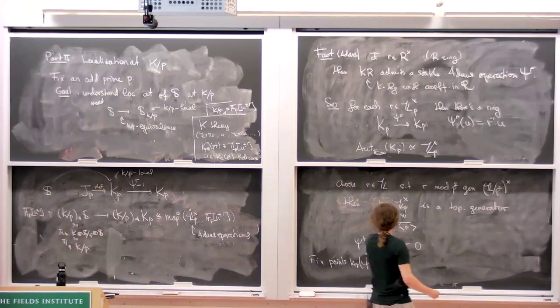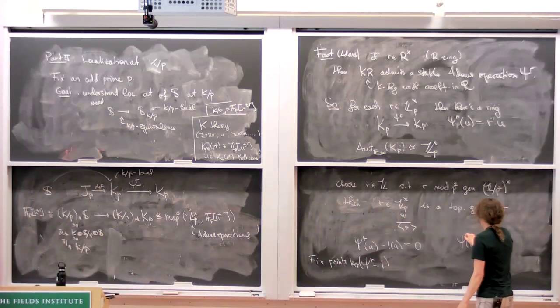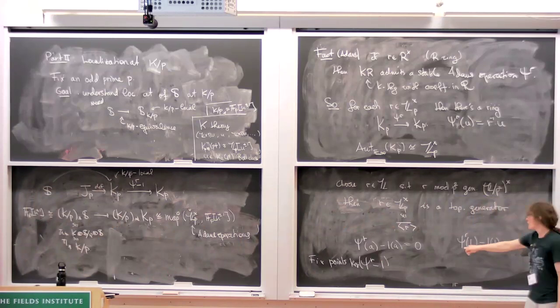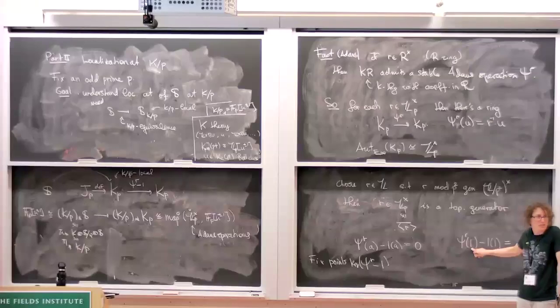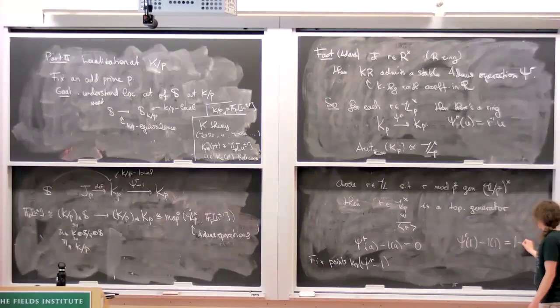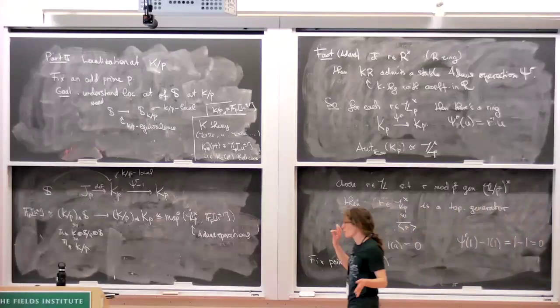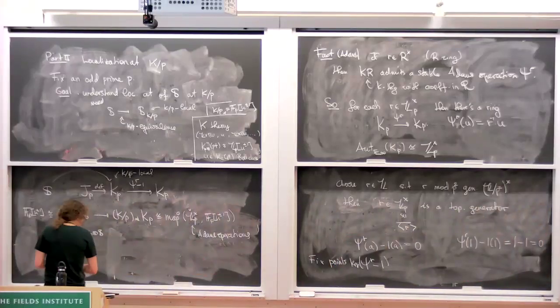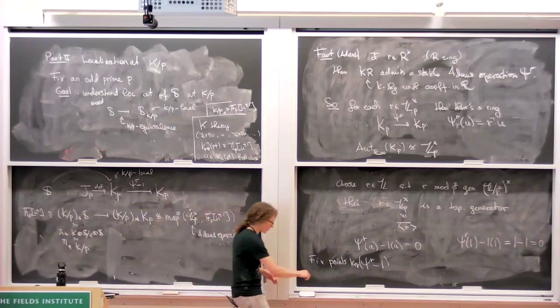Well, let's think. What's happening? These are ring maps, right? Well, how do ring maps act on the unit? They just send the unit to themselves, right? So that's 0. Okay, so I'm mixing algebra and spectra here, but in a way that's allowed, that you can make rigorous.